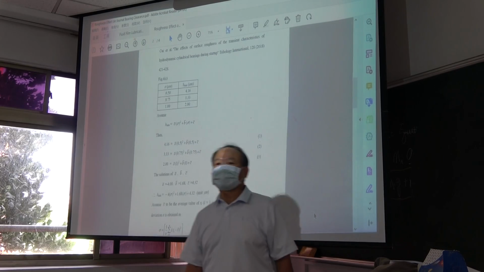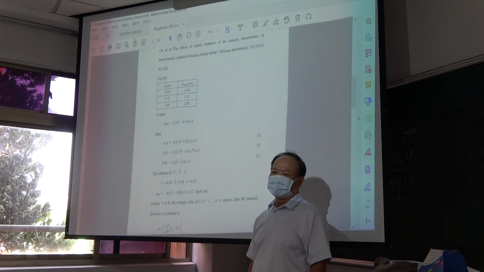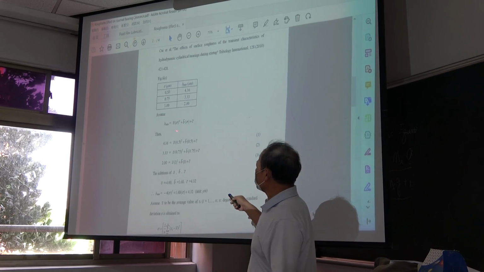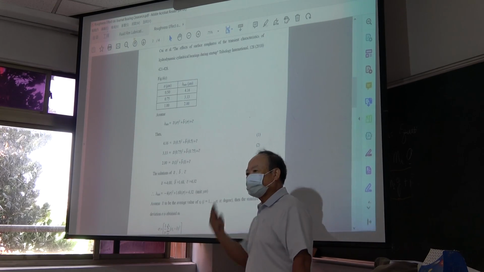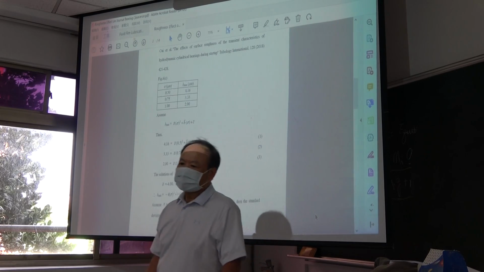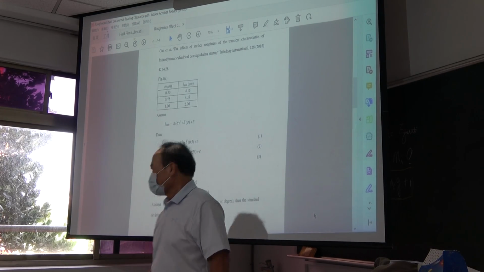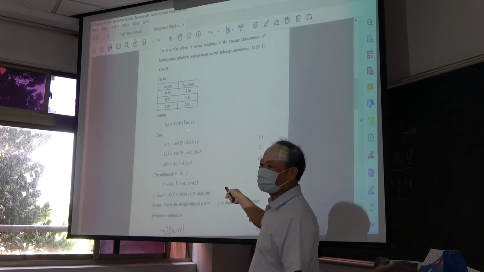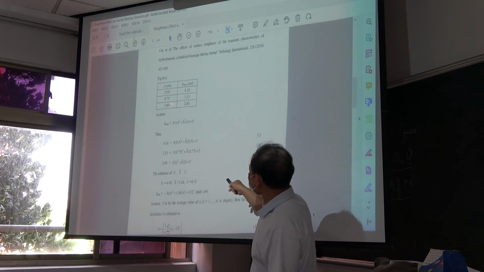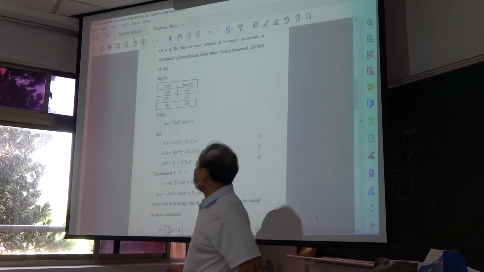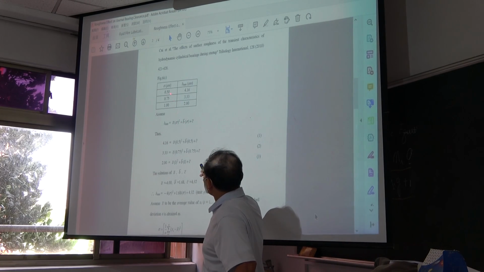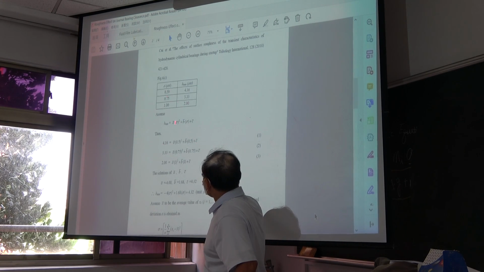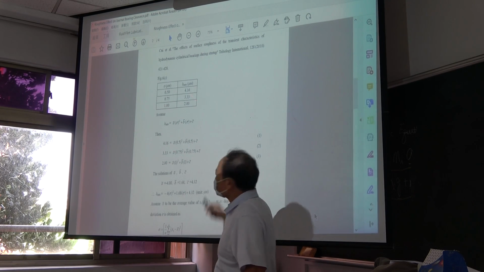We have three sets, so we take the polynomial to be second order. Then we have A, B, C, which are unknown, but we can use these three sets of data to obtain A, B, C. Put the first set here, the second is this one, and the third is this one.